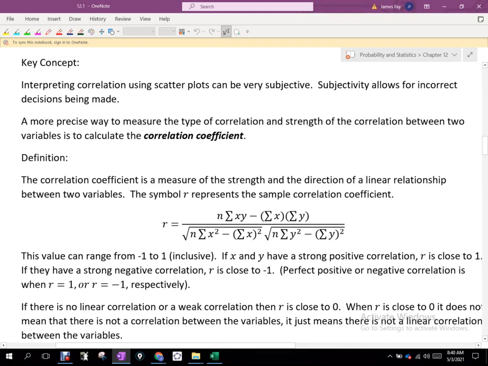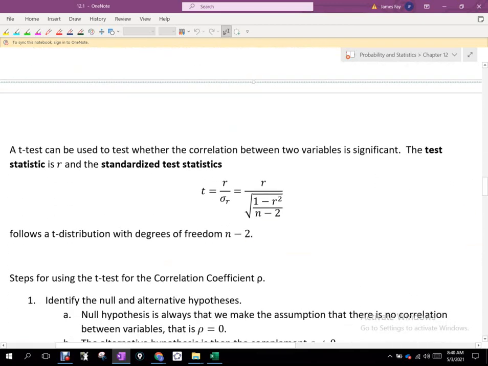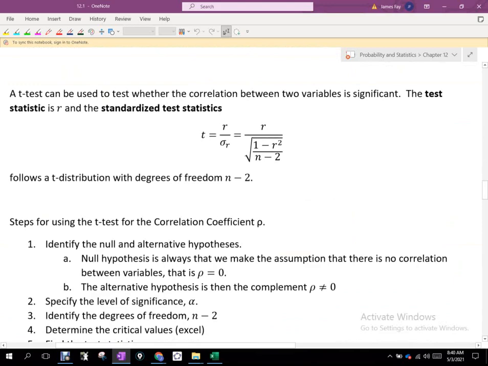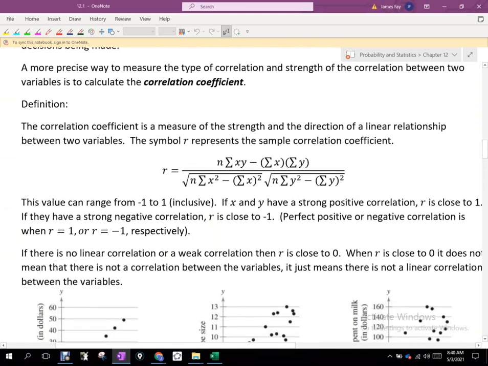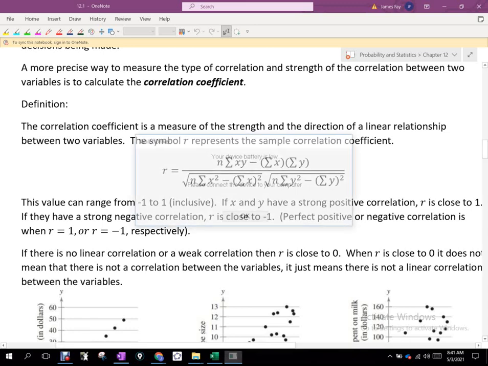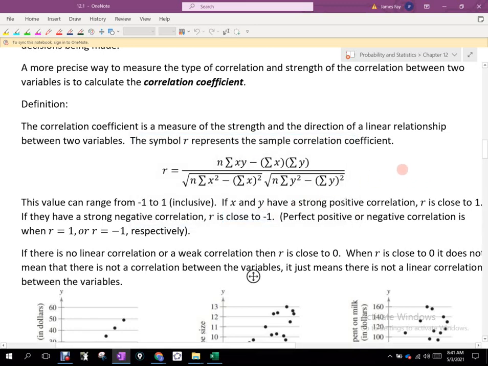So the sample coefficient, like I said, is lowercase r, but the population correlation coefficient, because we'll talk about that in a little bit, is the letter like that. That's a Greek symbol.